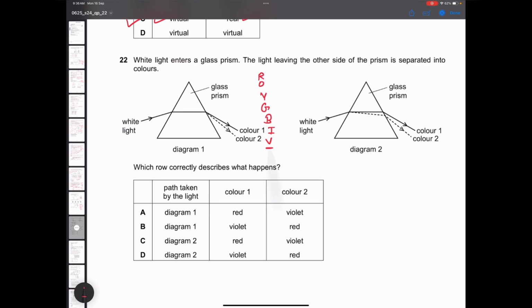The bottommost color is violet because its frequency is the highest. If the frequency is highest, it bends the most, or you can say it refracts the most. Point to be noted, students: the radiation with the highest frequency undergoes the highest refraction.